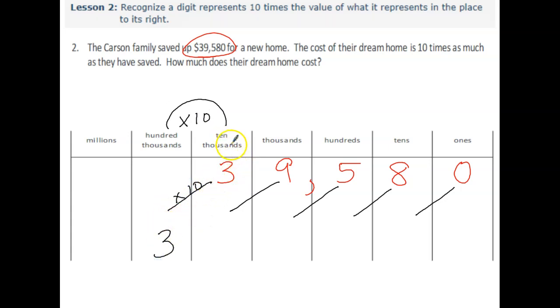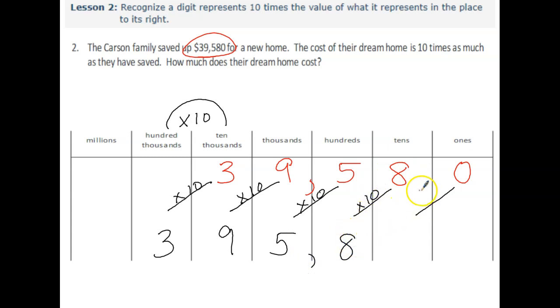This 3 10,000s times 10 equals 300,000. Then we have 9,000s times 10 equals 9 10,000s. 500s times 10 equals 5,000. 8 10s times 10 equals 800.